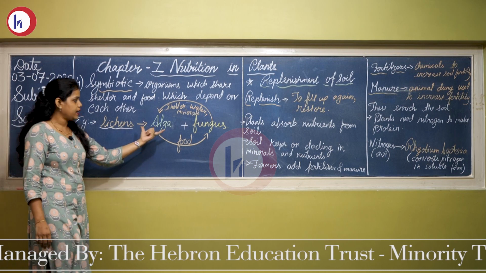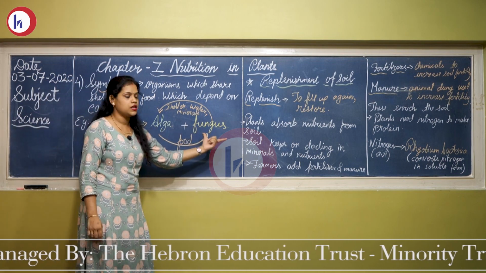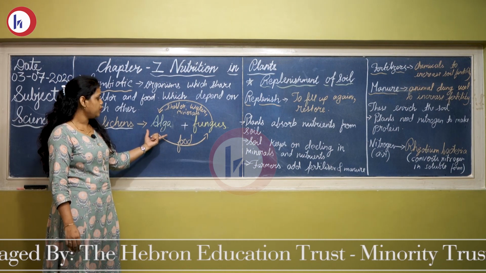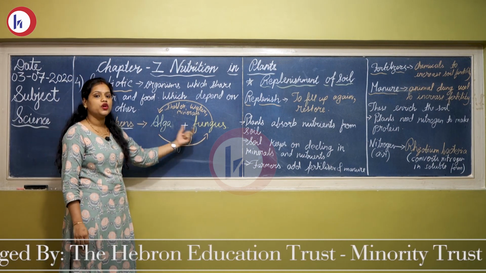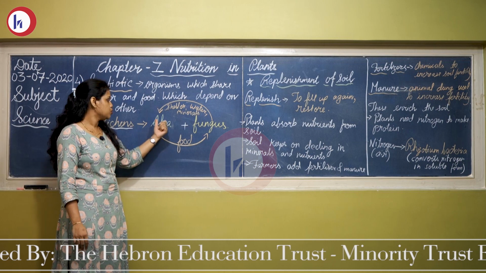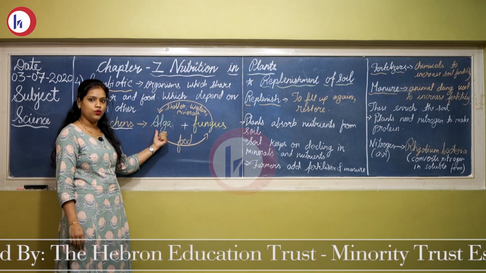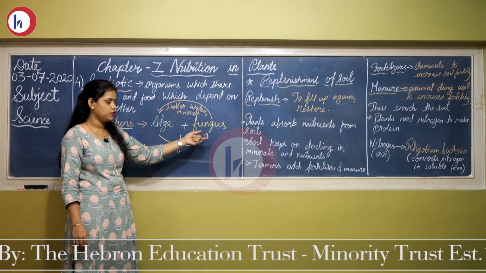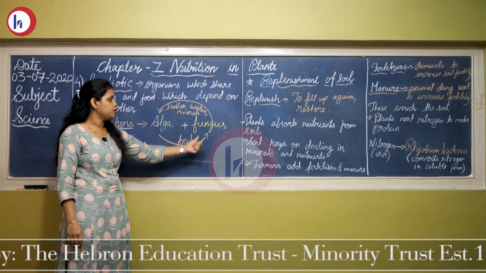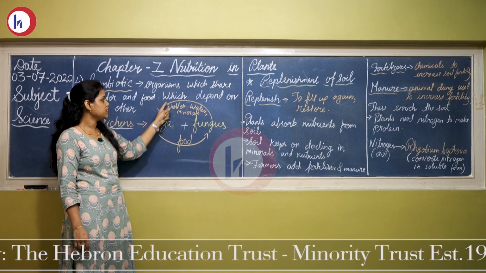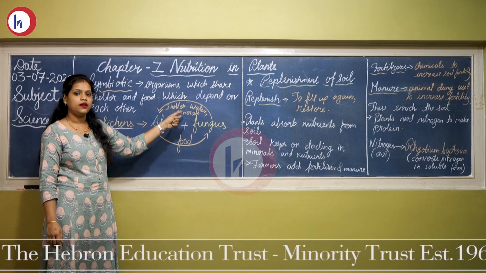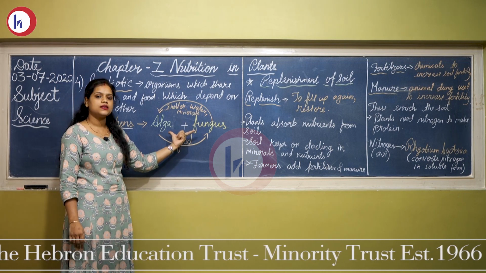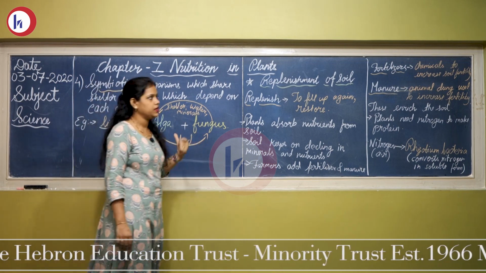Lichens are alga plus fungus. The alga has chlorophyll, so it can perform photosynthesis and prepare its own food. The fungus is heterotrophic and does not perform photosynthesis. So the alga gives food to the fungus, and the fungus in return gives shelter, water and minerals to the alga. So they share a symbiotic relationship.